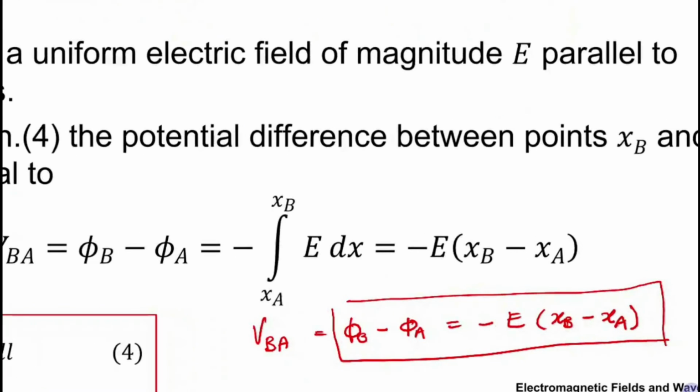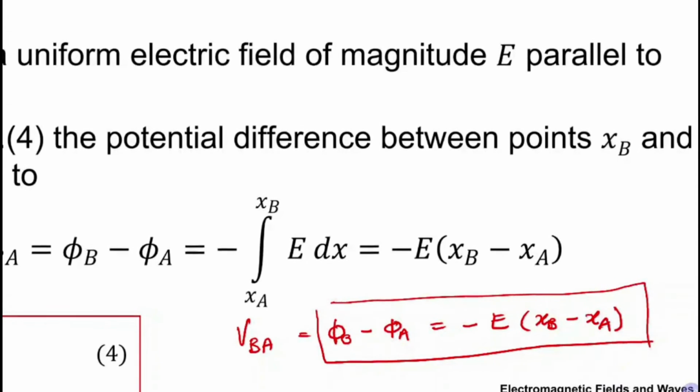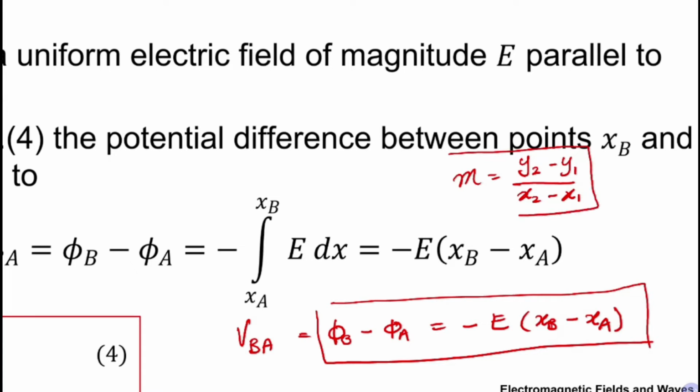So the electric field is simply equal to minus (phi B minus phi A) over (xB minus xA). Okay, that is some form of a gradient. So remember when you learned linear equations, gradient m equals (y2 minus y1) over (x2 minus x1). Okay, so that is your linear equation gradient.